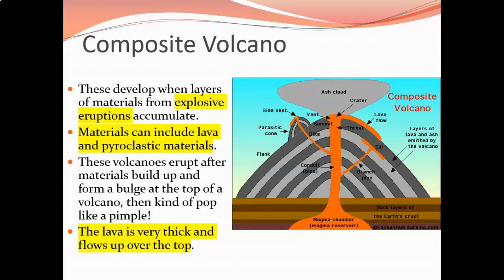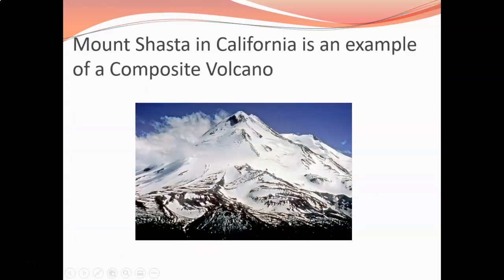But the lava itself, because it's so thick, tends to just ooze out and flow down over the sides. All right, so watch for something that you think might represent that in your lab today. An example of a composite volcano would be Mount Shasta in California.